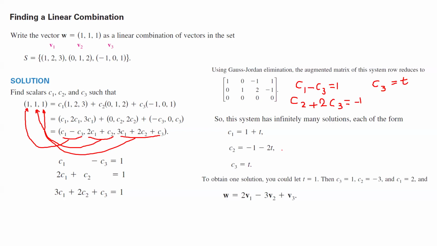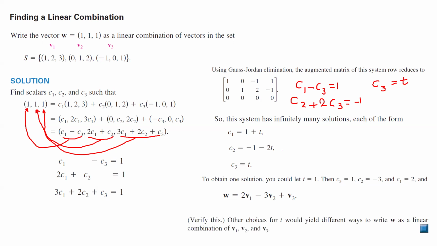So basically, W can be written as, for example, this is just one of the combinations out of infinitely many combinations: 2V1 minus 3V2 plus V3. You can plug in T equal to -1 and get other C sub i values, all right?